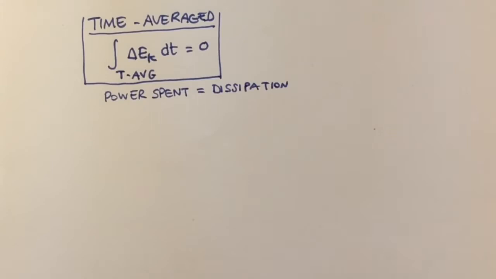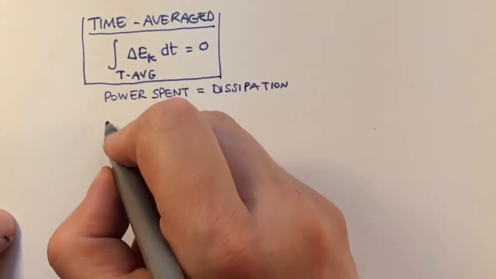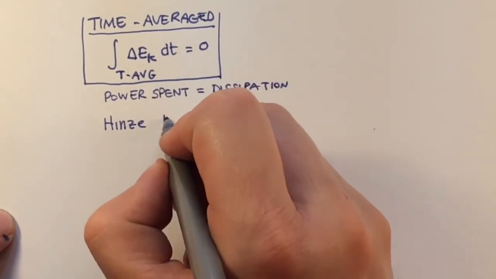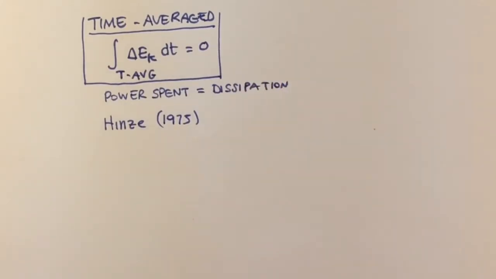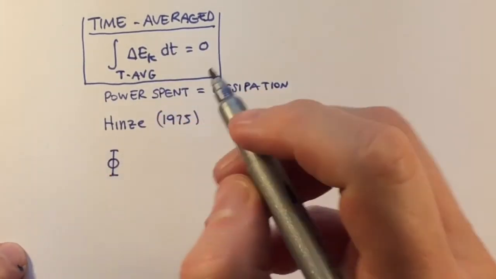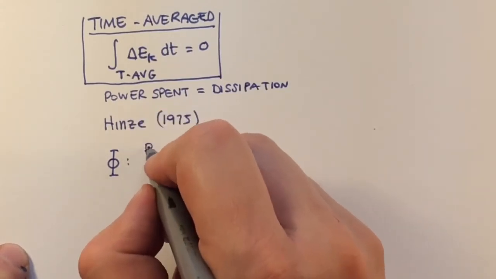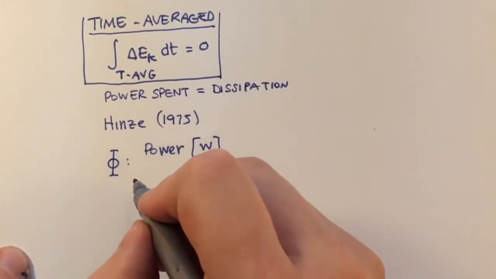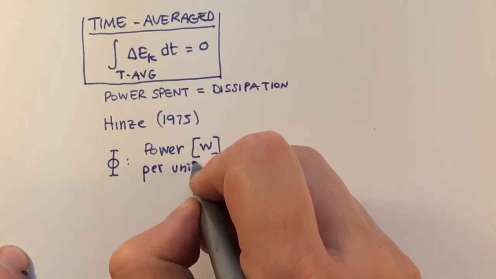So if you look in the 2 texts that I suggested before, then you can find an expression for the dissipation of mechanical energy into heat. So I think the best is probably to look in Hinze, 1975 edition. And so the dissipation, let's call it here phi, this is power, so watts per unit volume.